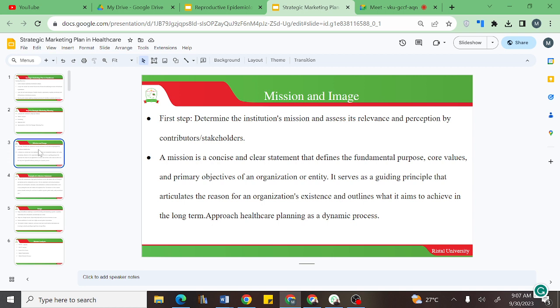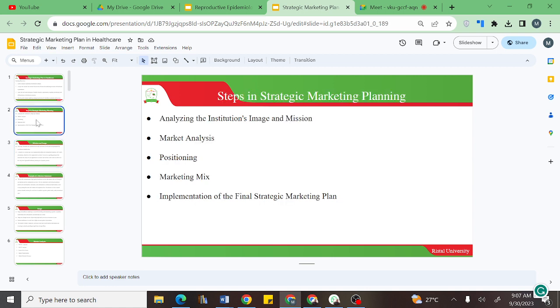So we are going to look at each of these and we'll be expanding on each of these steps that we have seen here. So basically, we are going to look at each of these as we go.